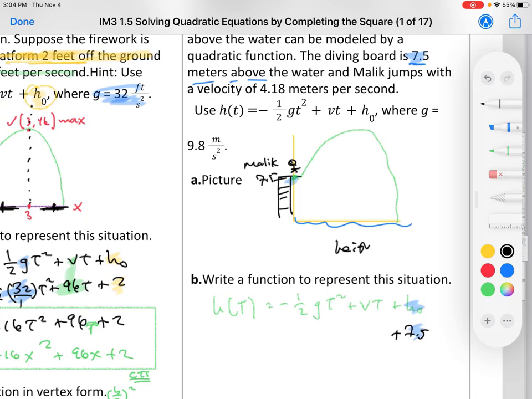So this is height in meters. And what else do we have? We have G. G is 9.8. Don't worry about the units. And last one we need is velocity at 4.18. Here is velocity.